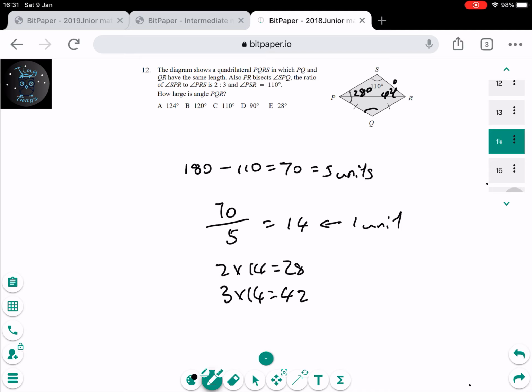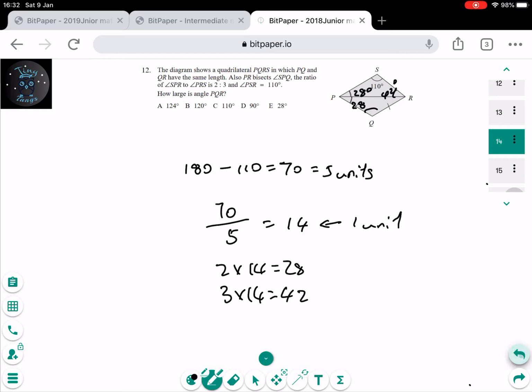We also know that this is 28 degrees because it bisects the angle. Bisect means it splits it in half. So it splits SPQ in half, and if that's 28, the other one needs to be 28 too.